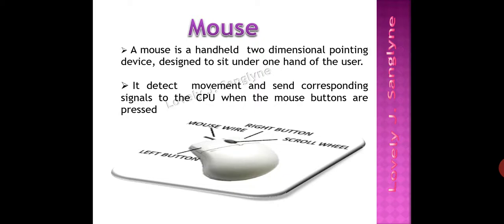There are two types of mouse button, one is the left button, then the right button, and also we have the scroll wheel. Clicks with the mouse are the most fundamental information sent to the CPU. So whenever the mouse buttons are pressed or clicked, that signal will be sent to the CPU.